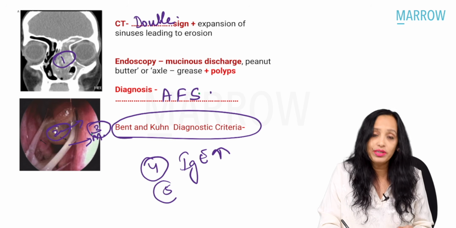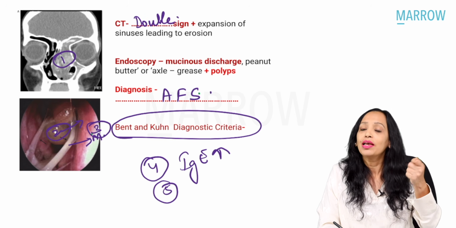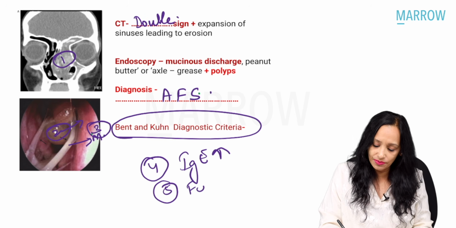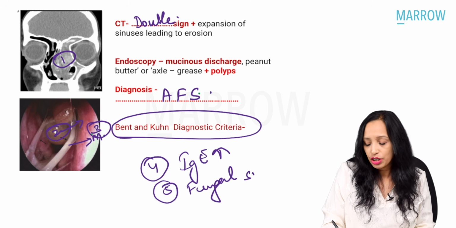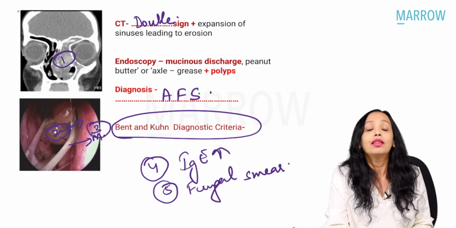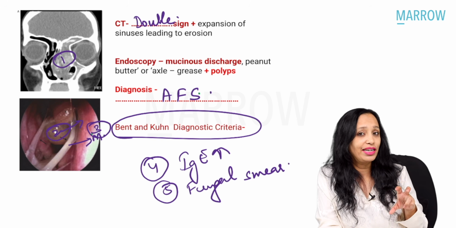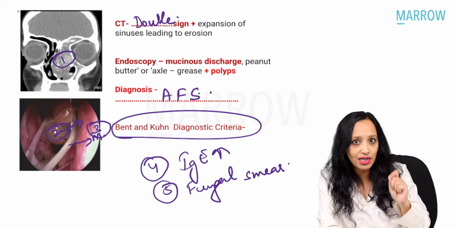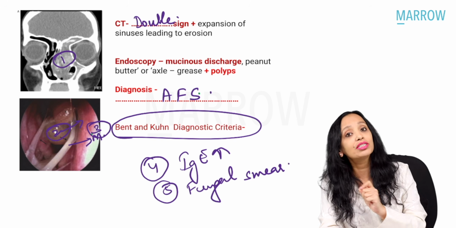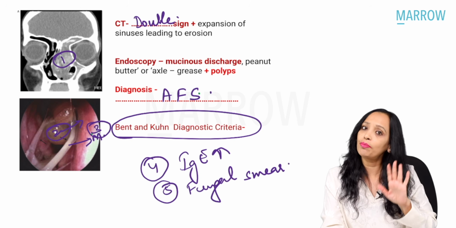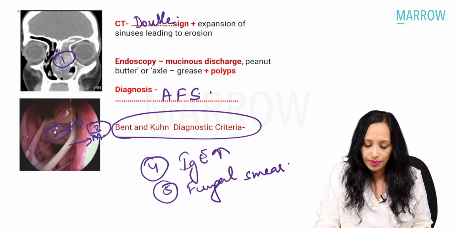And 5 is when you take the nasal smear, the fungal smear is positive. Yes, there was a question in your exam where the incorrect choice for major criteria was fungal culture. Smear is a major criterion, culture is a minor criterion. We need to know the major criteria, that is sufficient.